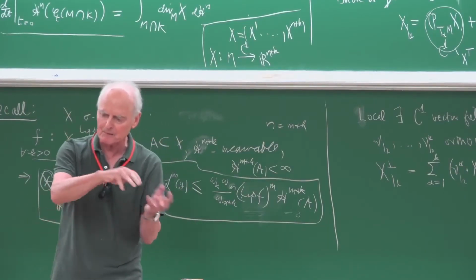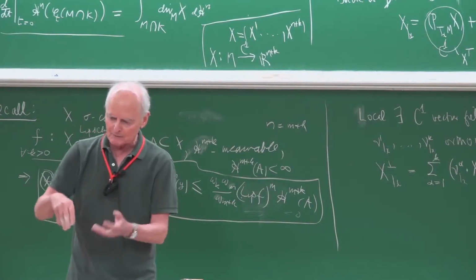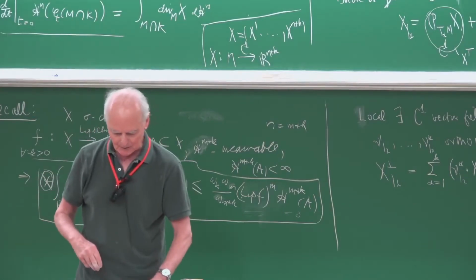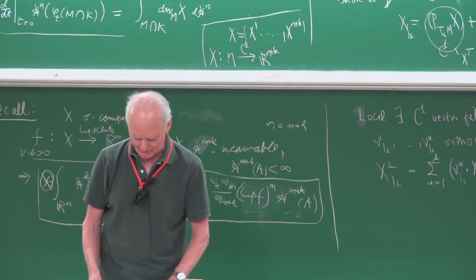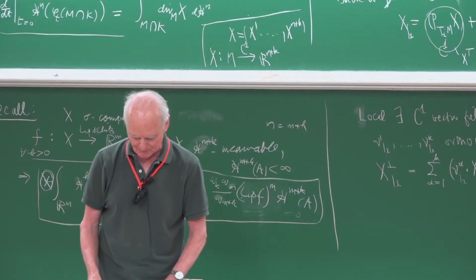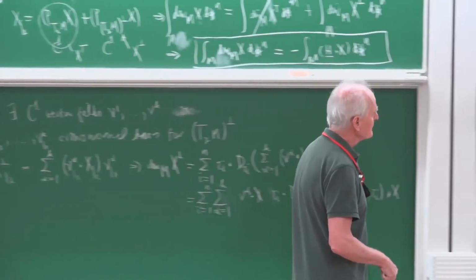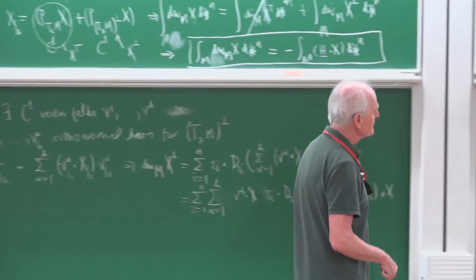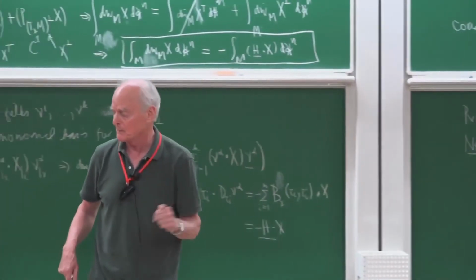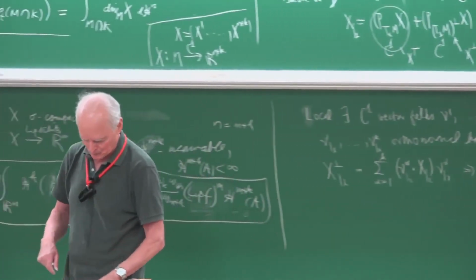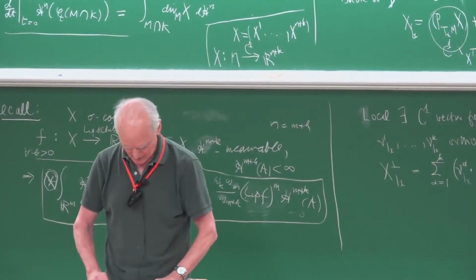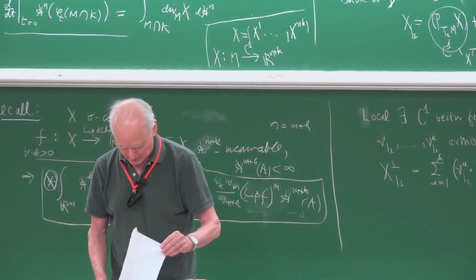You break things up into small bits, and at a certain crucial point, you use the classical Fubini theorem. But I won't go into details with that. Okay, so that's the co-area formula.